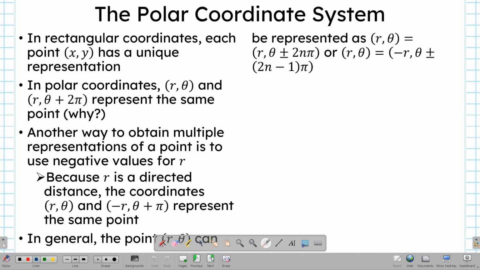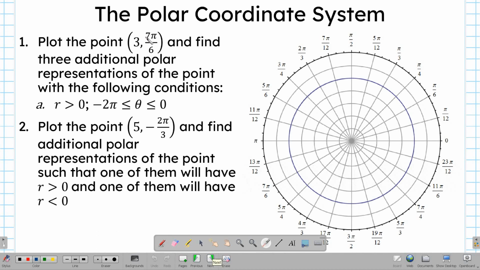Let's have a specific example. We're asked to plot the point (3, 7π/6) and then find 3 additional polar representations of the point with these conditions. Maybe I'll just do one and leave the other two to you. So let's first plot (3, 7π/6). 7π/6 is here.